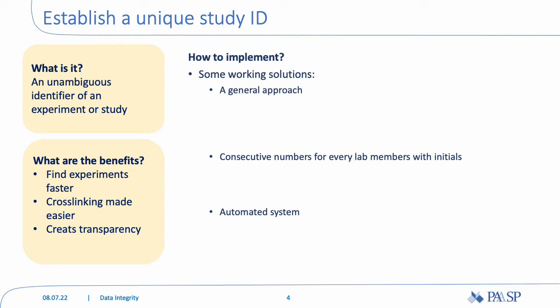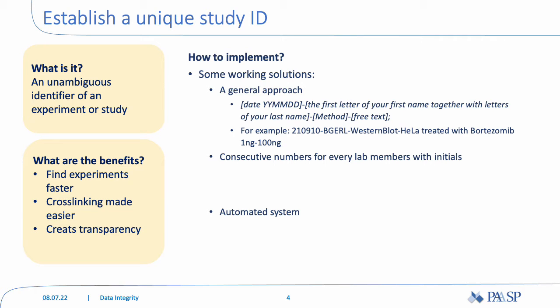I would like to present three different approaches, shown here, which shall only provide ideas for thoughts. For a general approach, one could start with a date, followed by the first letter of your first name, together with your last name separated by a hyphen. This is followed by a short method description and some free text providing information about the experiment.